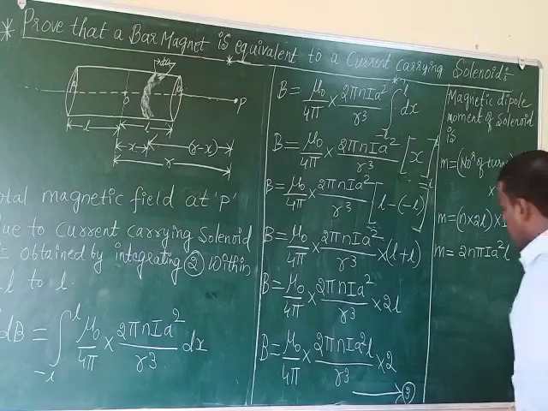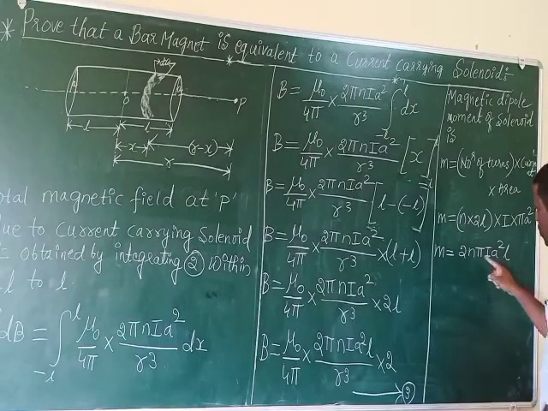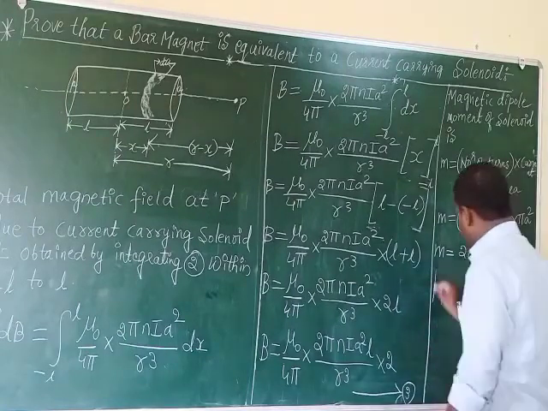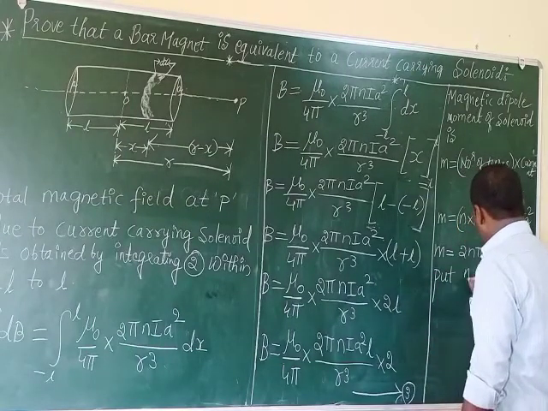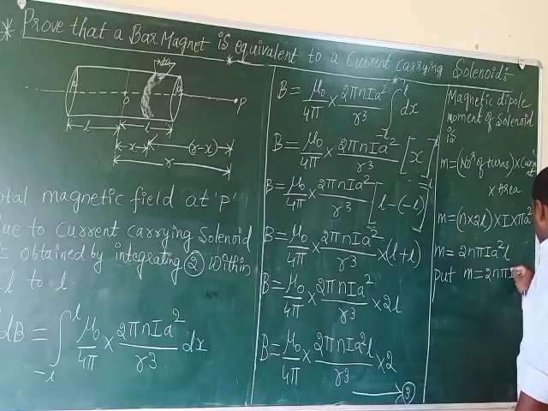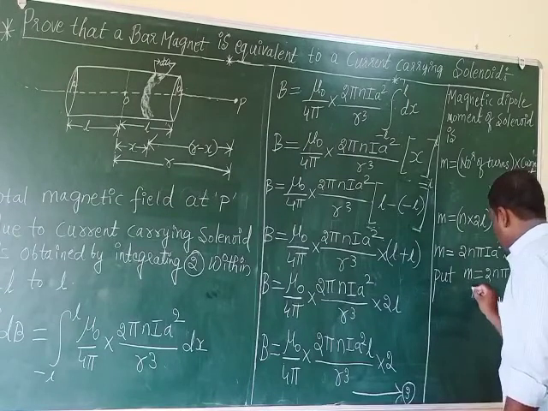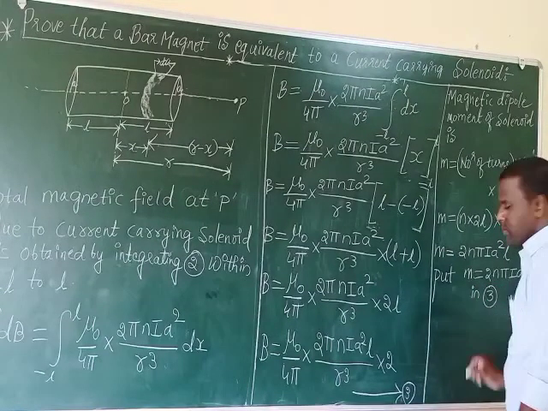So in equation 3 you substitute m equals 2n pi I a square l. Put m equals 2n pi I a square l in equation number 3.